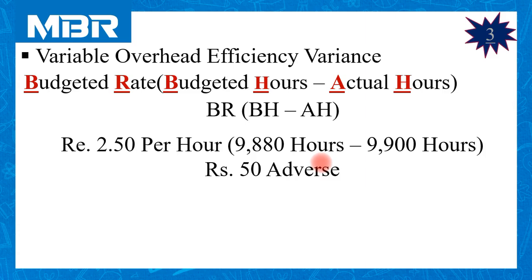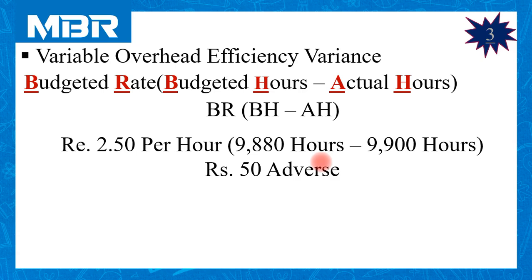It is adverse. Why it is adverse? Just try to understand. We have to complete a task in 9,880 hours. We have completed our task, but we have taken more time of 20 hours because we have completed our task in 9,900 hours.